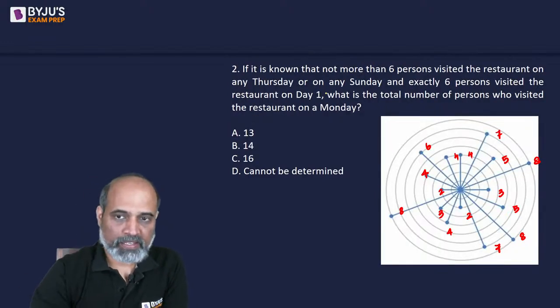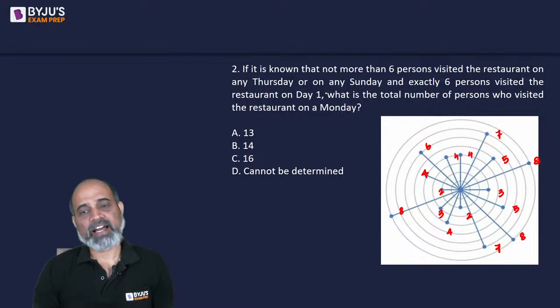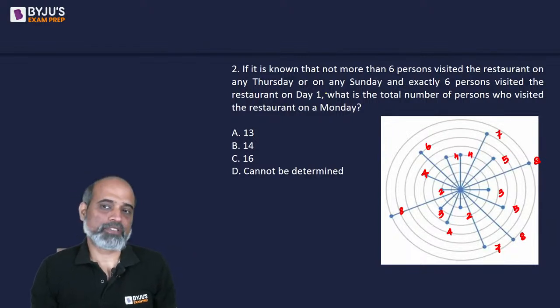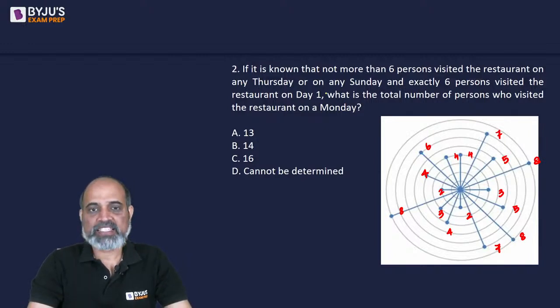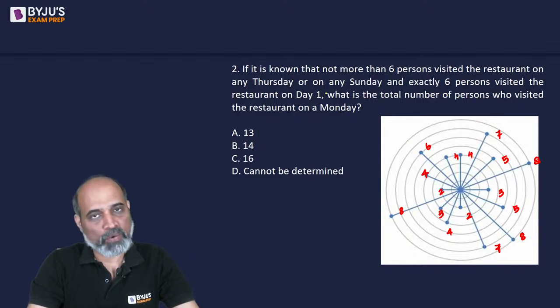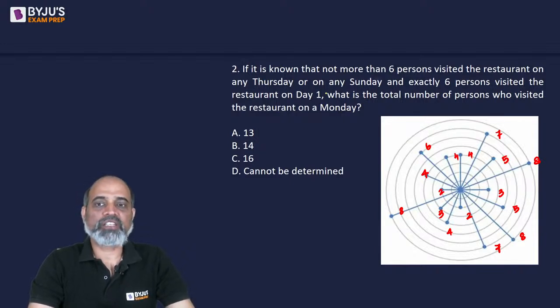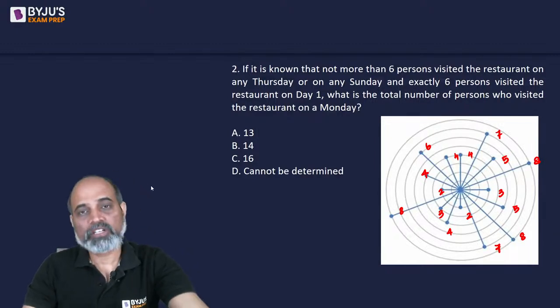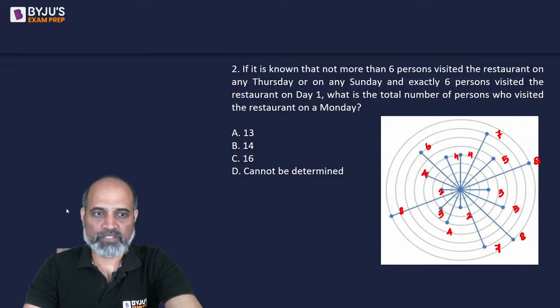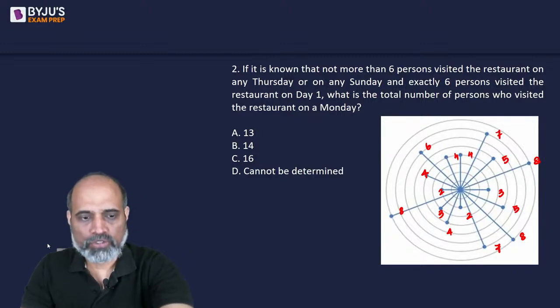Okay. Next, if it is known that not more than 6 persons visited the restaurant any Thursday or on any Sunday, and exactly 6 persons visited the restaurant on day 1, then what is the total number of persons who visited the restaurant on a Monday? Since we are talking about consecutive days, if it starts from Sunday, let's say, then it will end on Saturday, right?